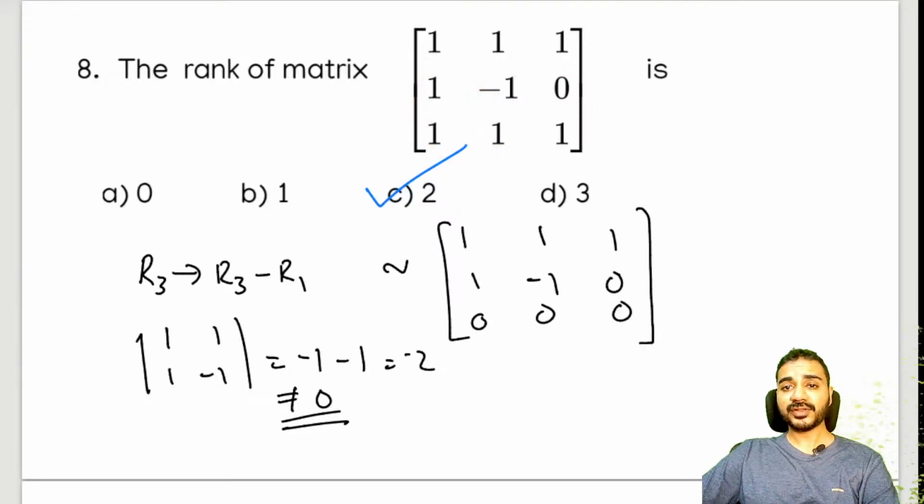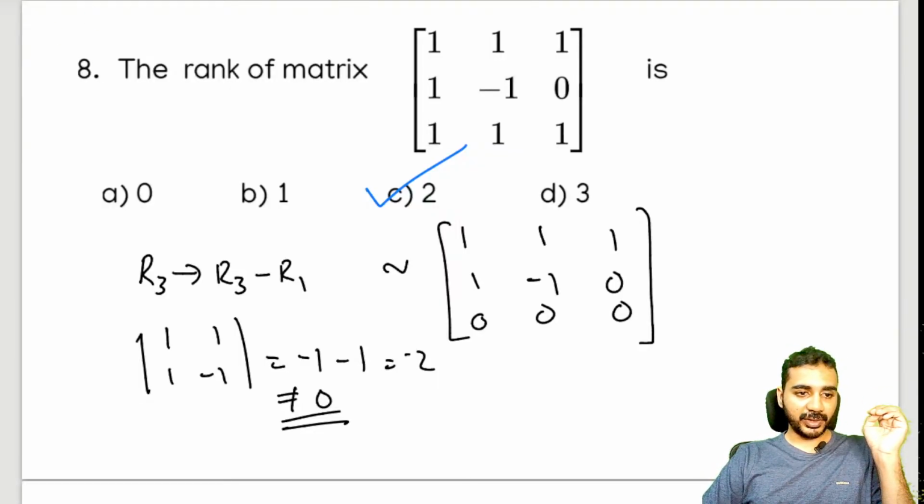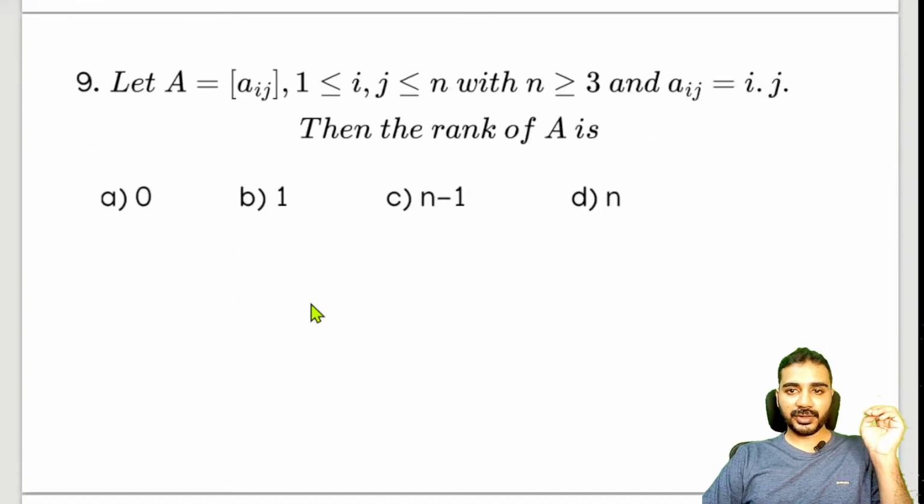If any of the submatrix is giving a non-zero value of determinant, then the rank is 2 here. Okay, so that's how the rank is defined. So let's get back into the ninth question here.